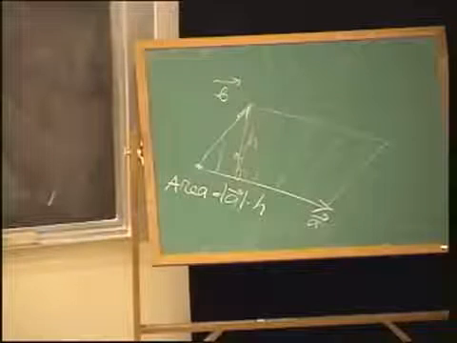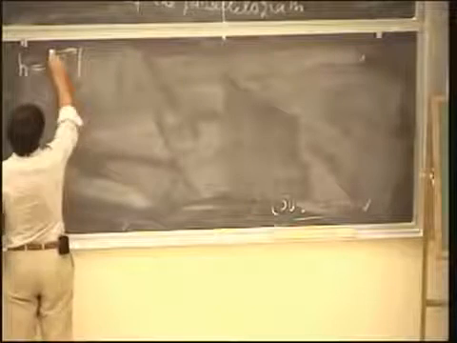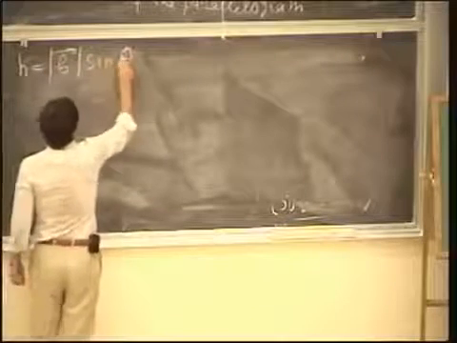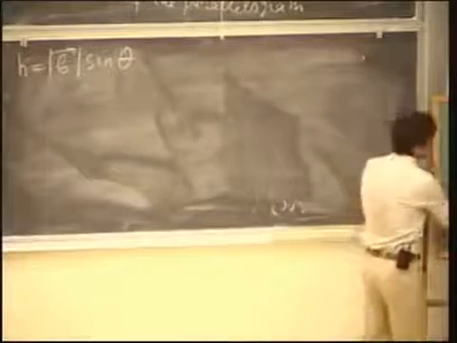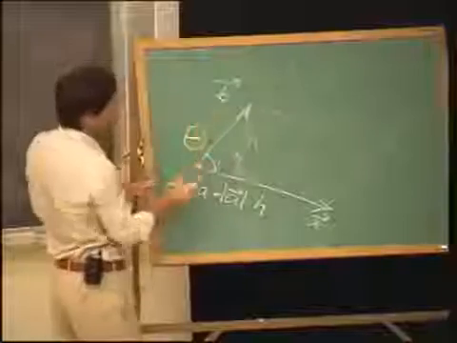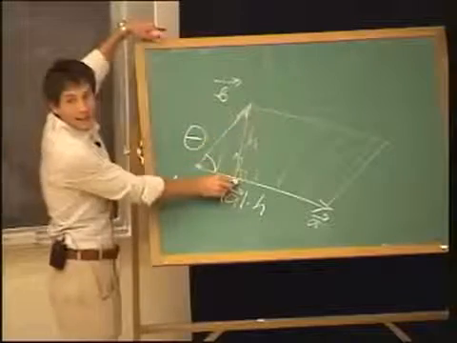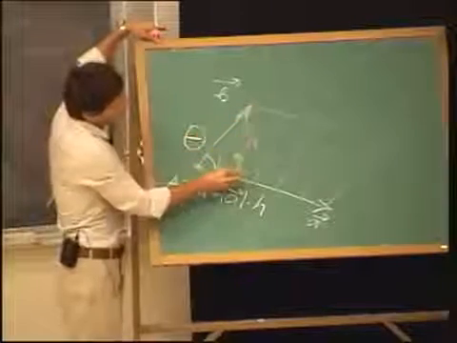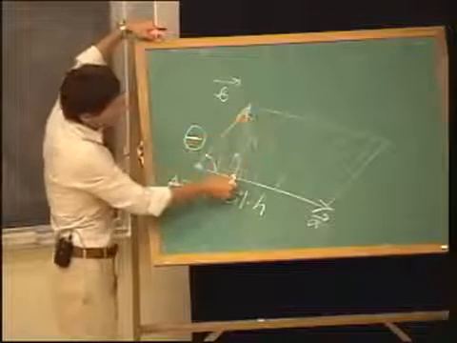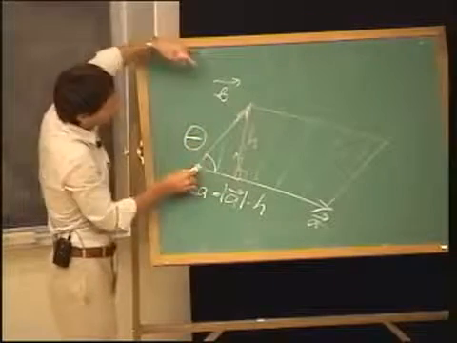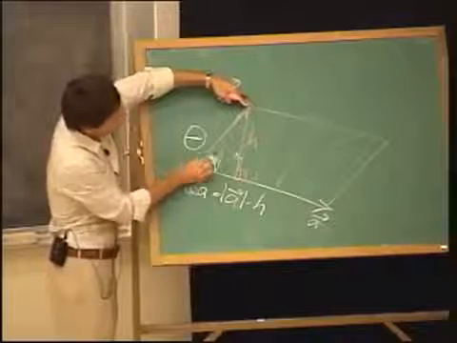A times H. But H, in turn, is the length of B times the sine of this angle right here, which I call, again, theta, because that's the angle between A and B, right? Because you got here a triangle for which this is 90 degrees. So you can find this side by taking this side, which is the length of B, and multiplying by the sine of this angle.